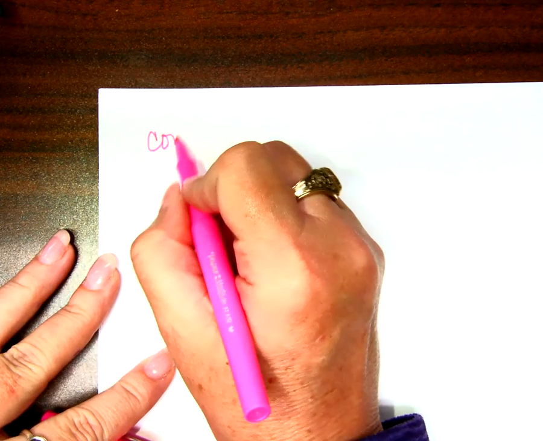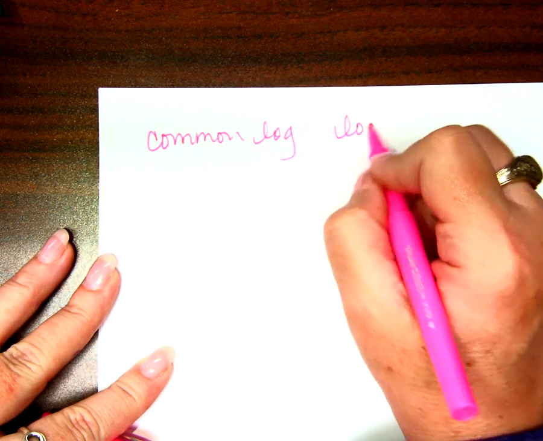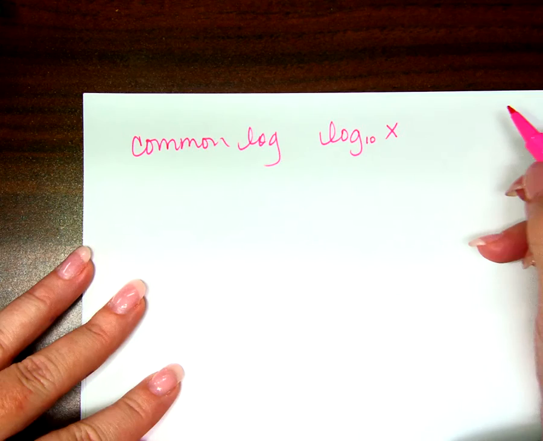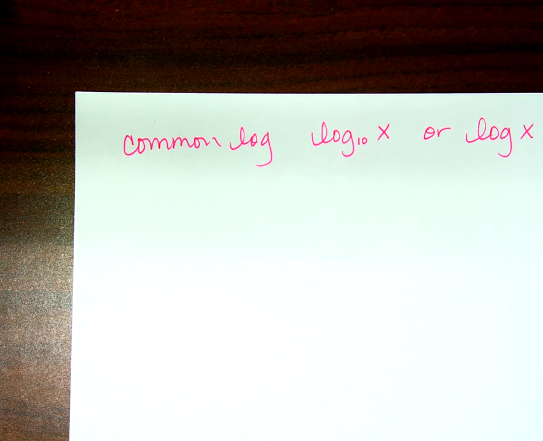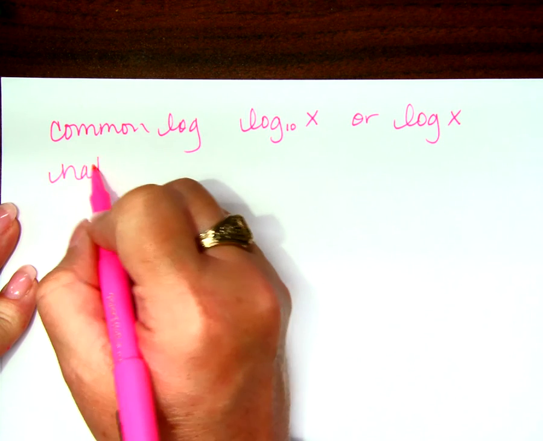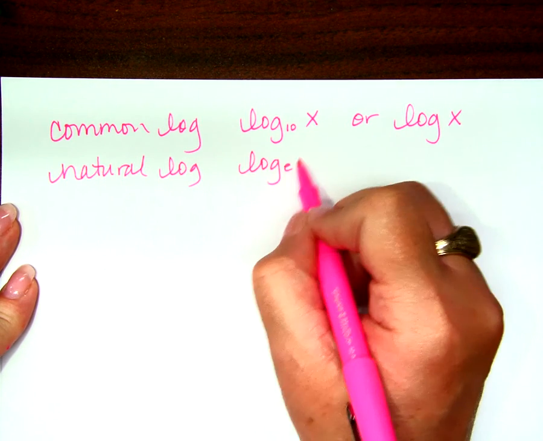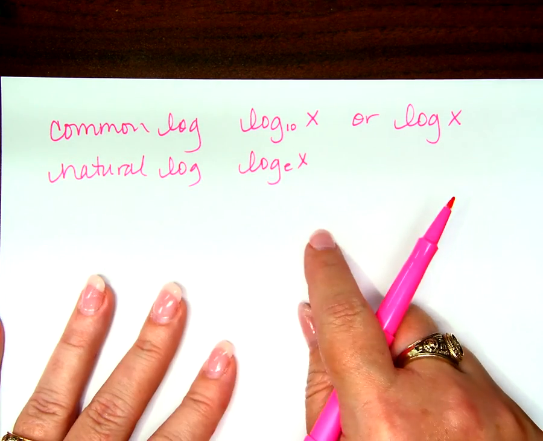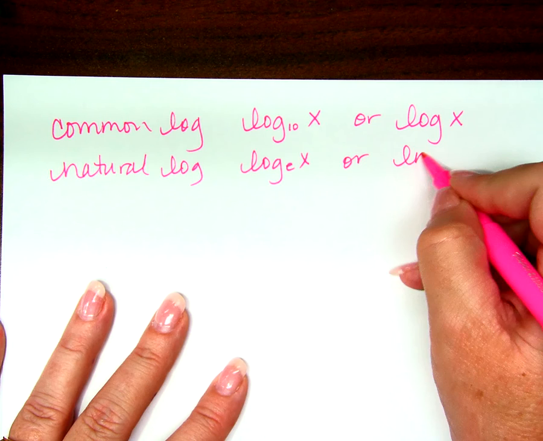Common log is log base 10, and I don't even write the base because it's the one we use most, so sometimes we don't even have to write it. Natural log is log base e, but we will never write it like that. We will say natural log of x.